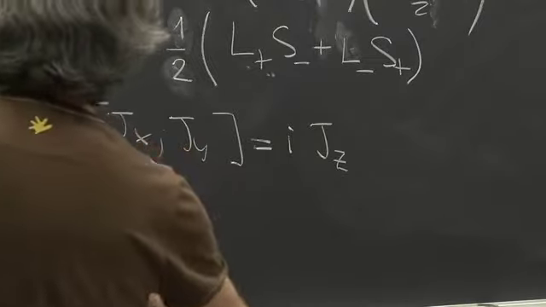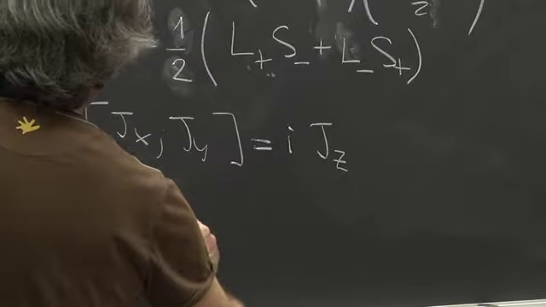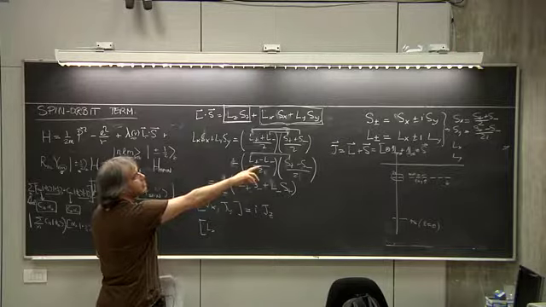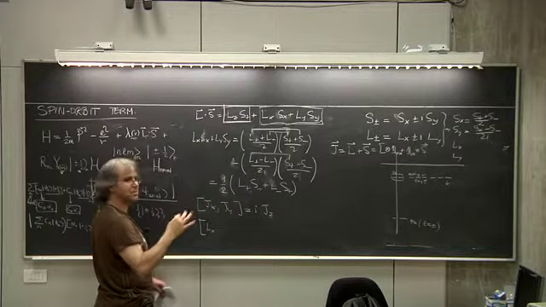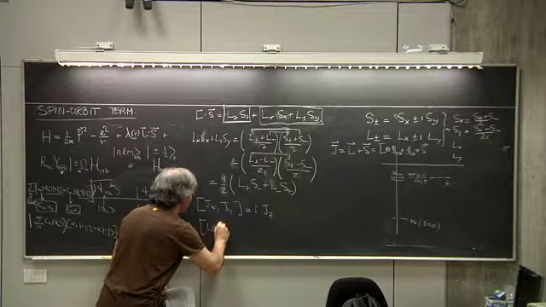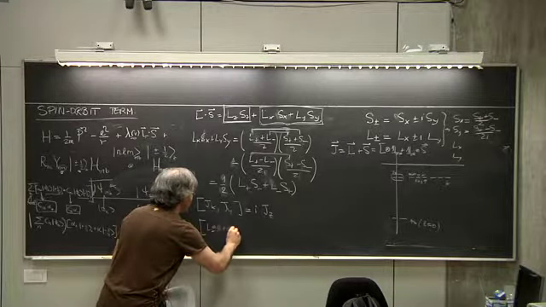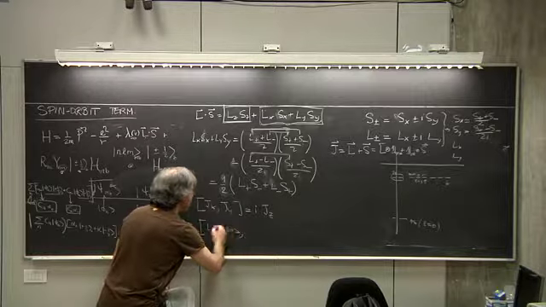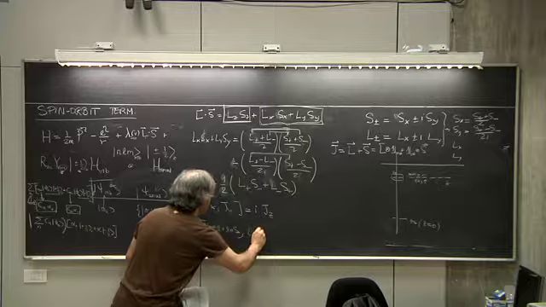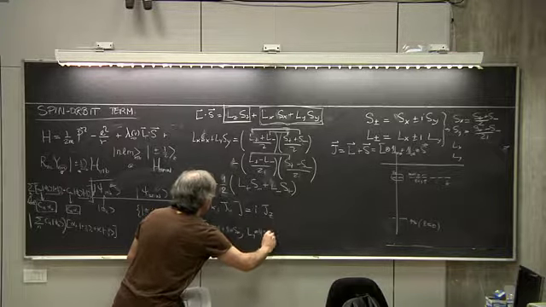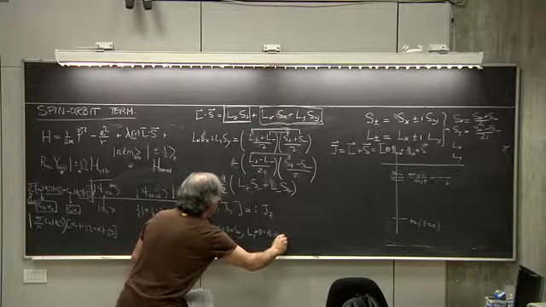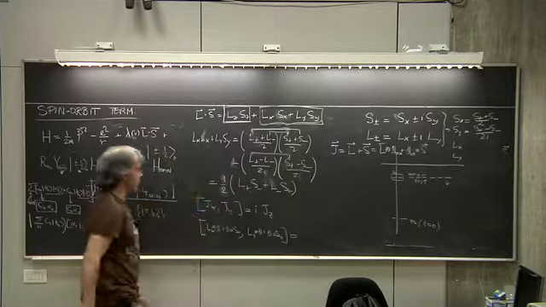Let's see, you have this is Lx times 1 plus 1 times Sx, commutator with Ly times 1 plus 1 times Sy, okay? How do you do this commutator?